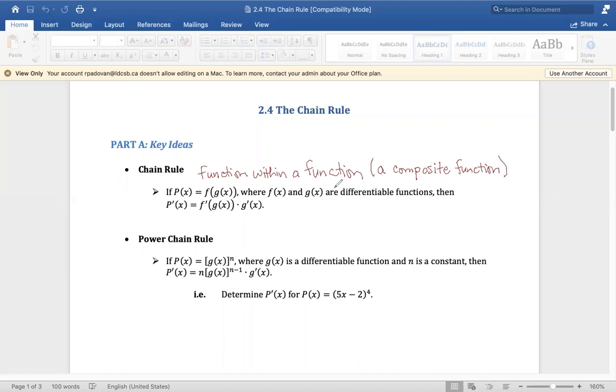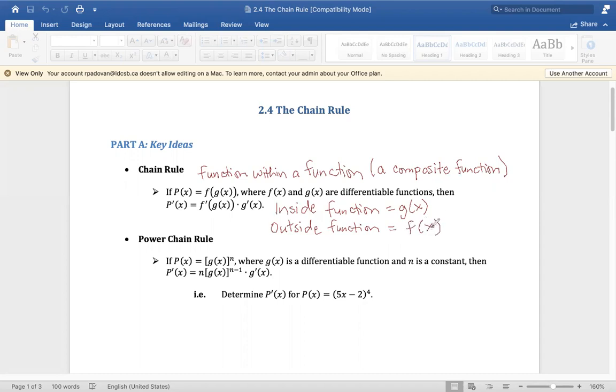And I have an inside function and an outside function, right? So here, the inside function of this example here, the p of x example, so that we kind of know how to separate them. The inside function is what's within the brackets here, g of x, and the outside function is f of x.